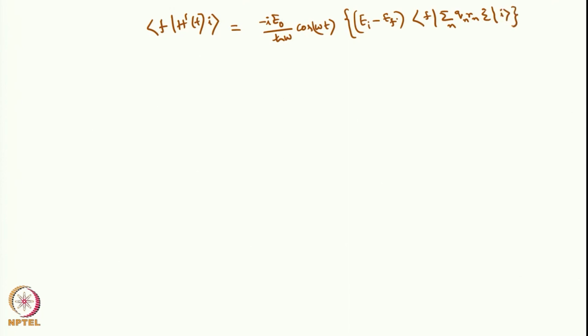Okay. Now what is E i minus E f? E i minus E f is equal to delta E i f.